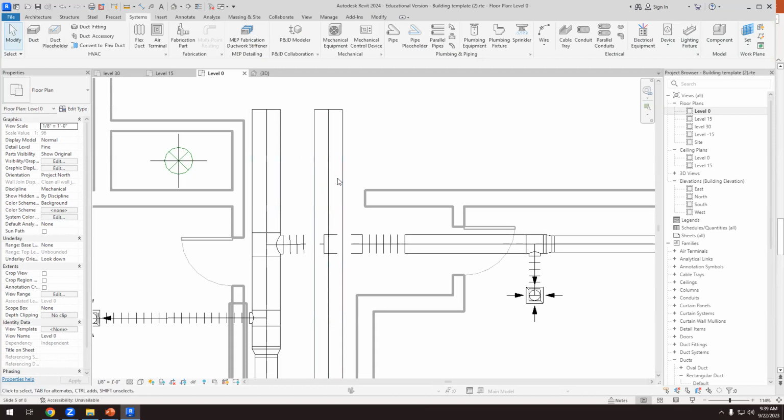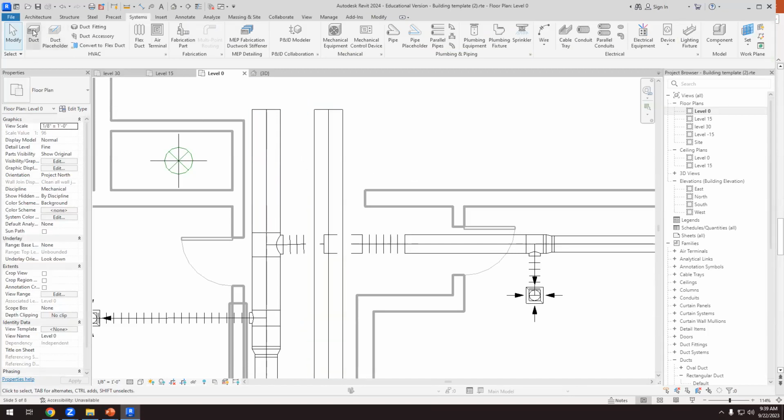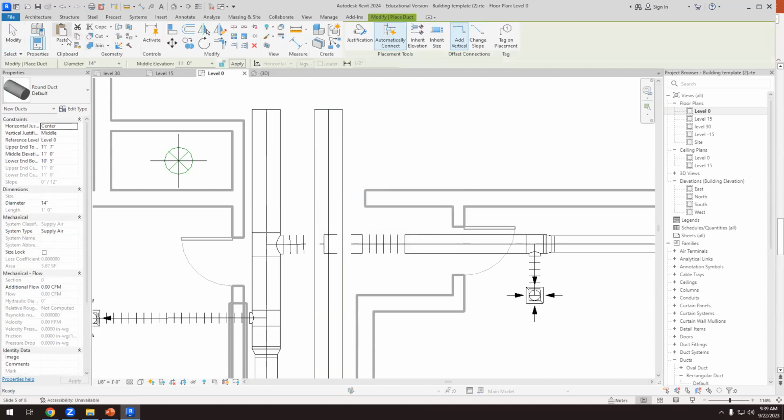Okay, first and this is 20. Okay, so it can be smaller than 20. So I'm going to insert duct. The diameter is 20. And I want to go here and there.